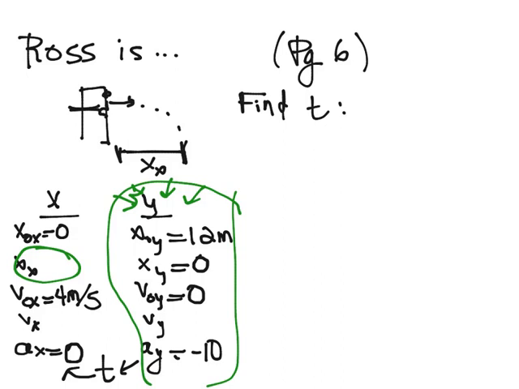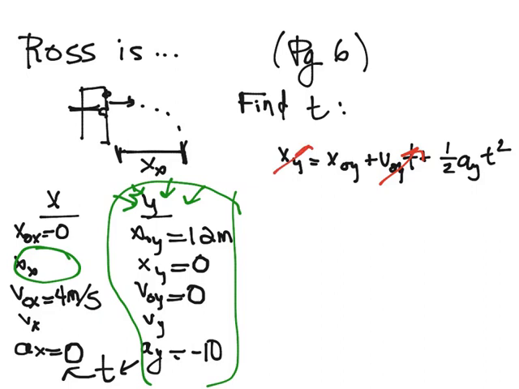my first equation. So I have xy equals x naught y plus v naught y t plus 1/2 ay t squared. Again, there's no initial speed in the y direction, so that goes away. And I know that my final height is 0, so xy goes away as well.